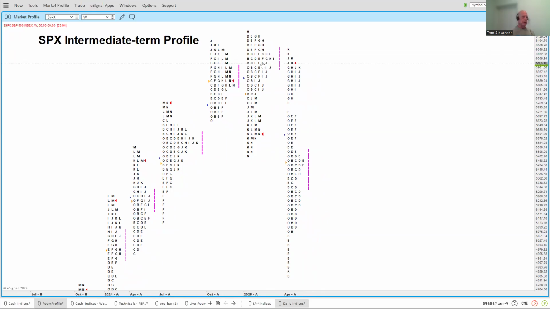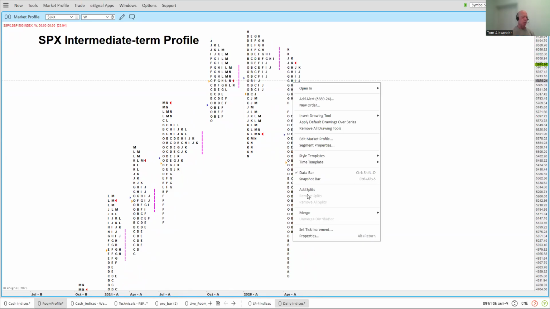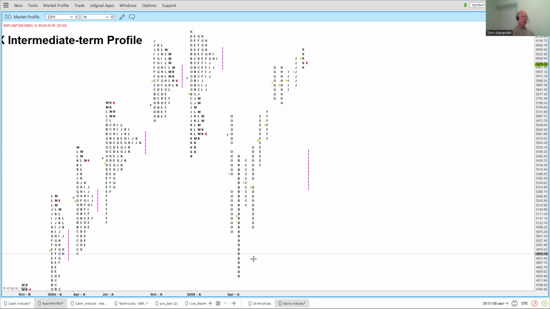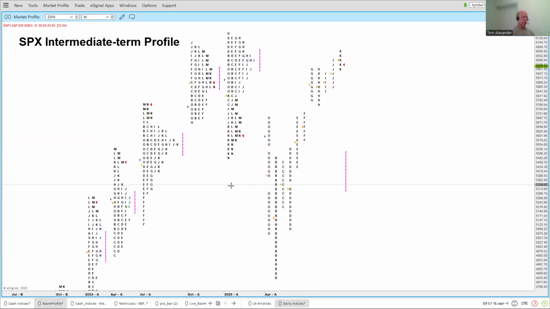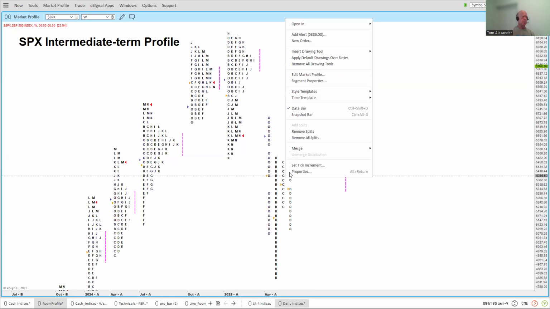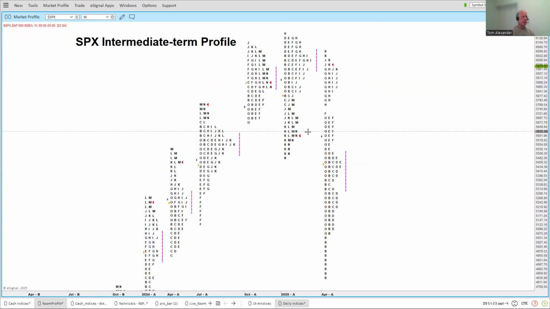Each profile unit that you see here is 1 quarter of trading, so this is the second quarter. Each slot is 1 week. So instead of a bar chart, each letter is 1 week, would effectively be a 1 week bar if I were to split this entire chart out. So I'm going to remove the splits.